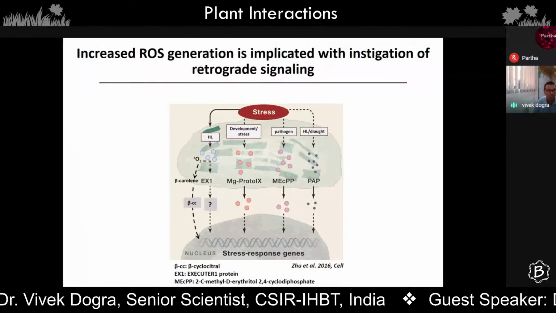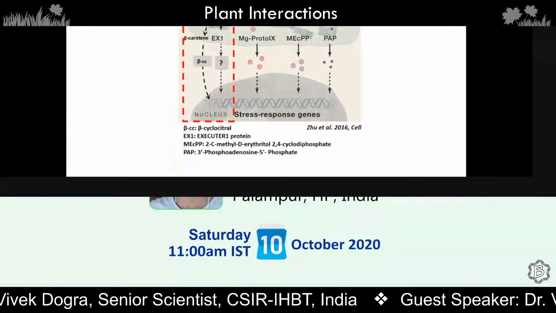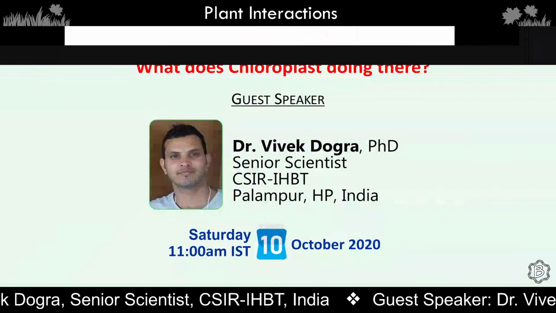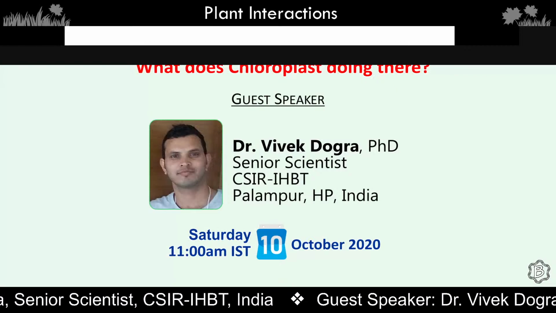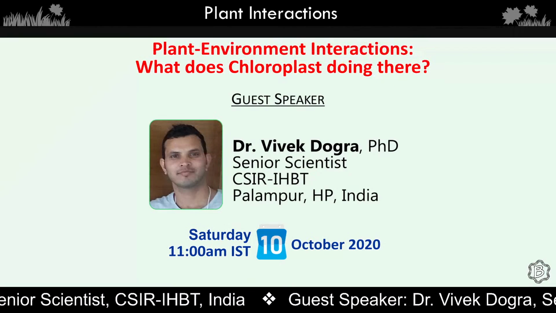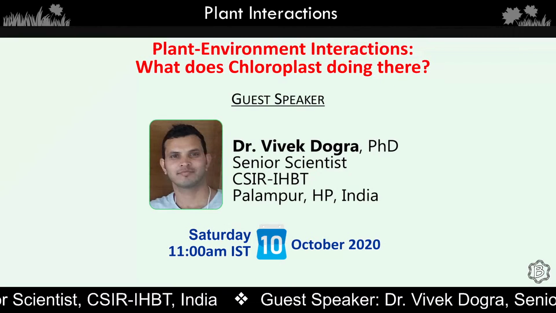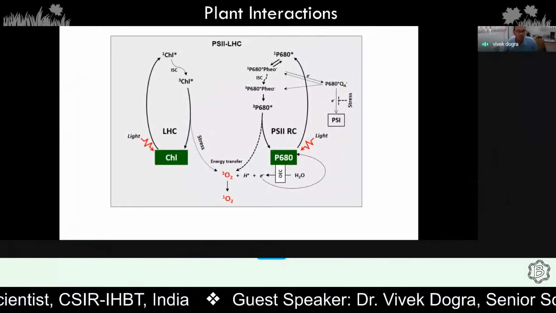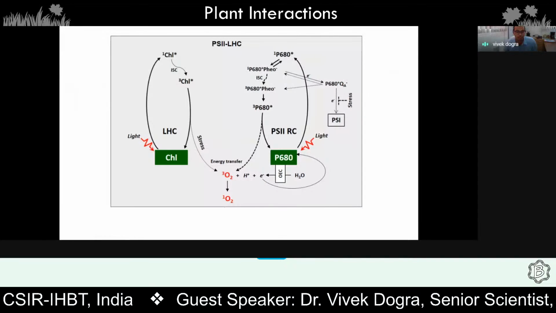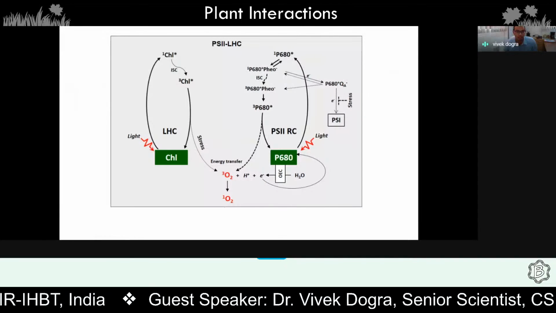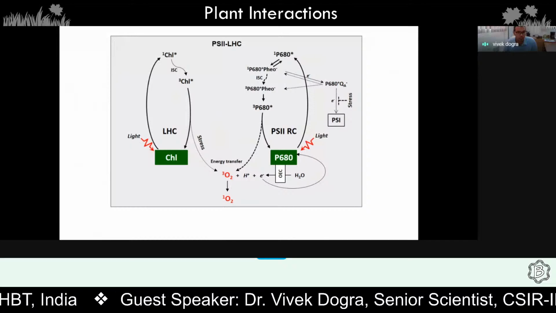So among these, we'll be talking about one of the pathways which is implicated with ROS, and especially with singlet oxygen. As I told in the last slide, singlet oxygen is largely generated in the photosystem 2 complex in the chloroplast, by the gain of energy.